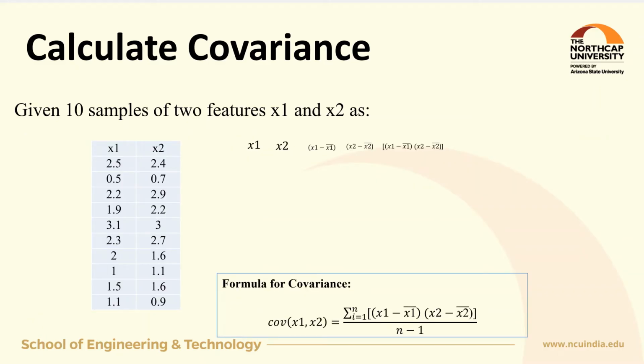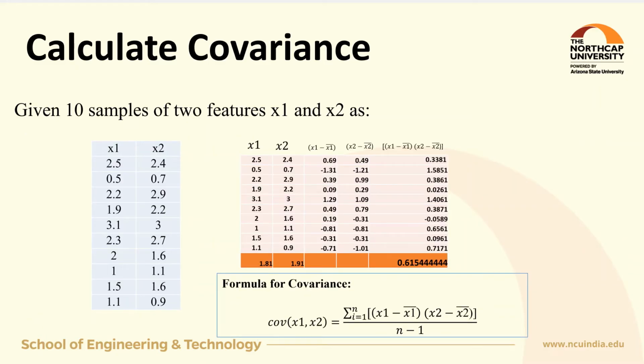The value for this is now coming out to be 0.61544 after complete calculation, and this shows that the covariance between x1 and x2 is positive, which implies that with increase in x1, x2 is also increasing.